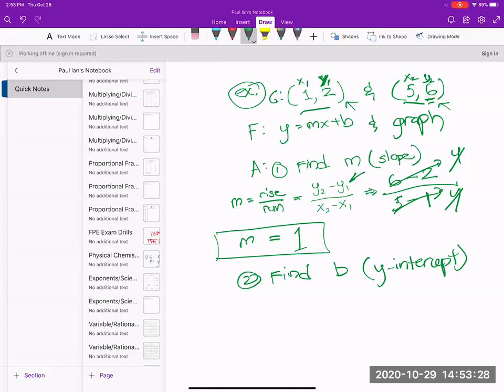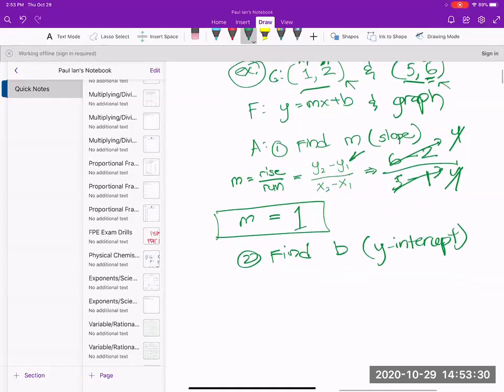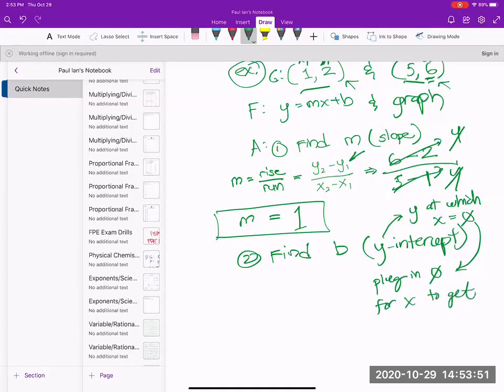So how do you get b? That was in words. What did we mean by that? This is the y at which x is 0, right? Another way of saying that is plug in 0 for x to get y, and that y is the y-intercept, or b.